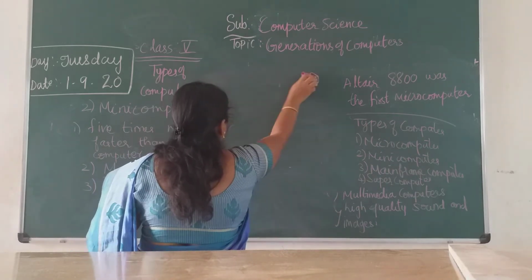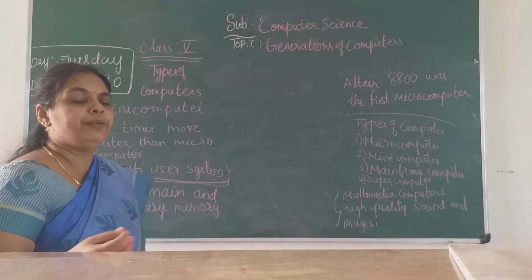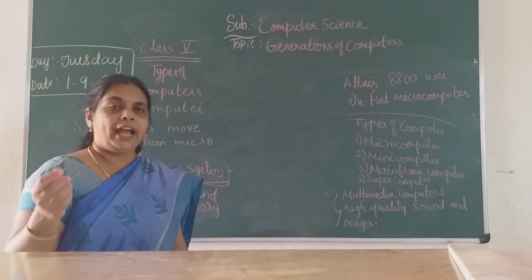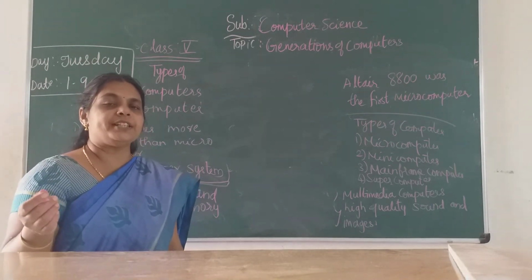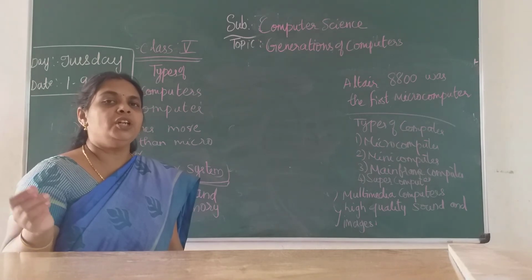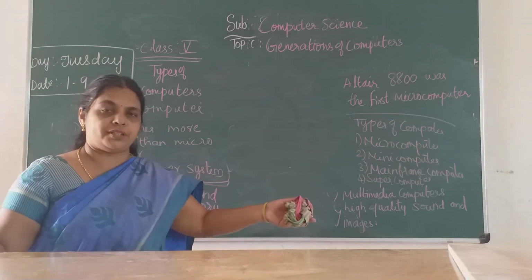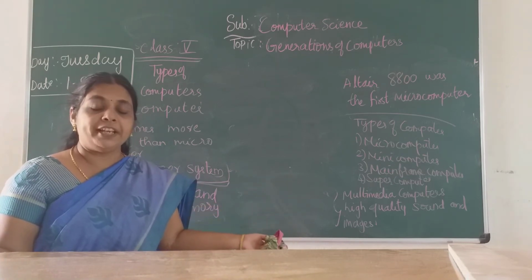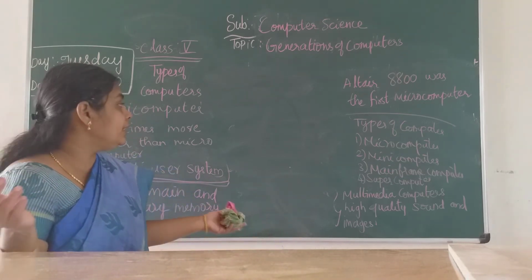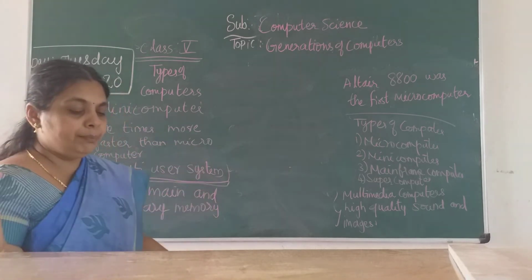When we book train tickets or in airport, the computers they are using are all mini computers. You will have minimum 10 counters or 20 counters, and they all use the mini computers.